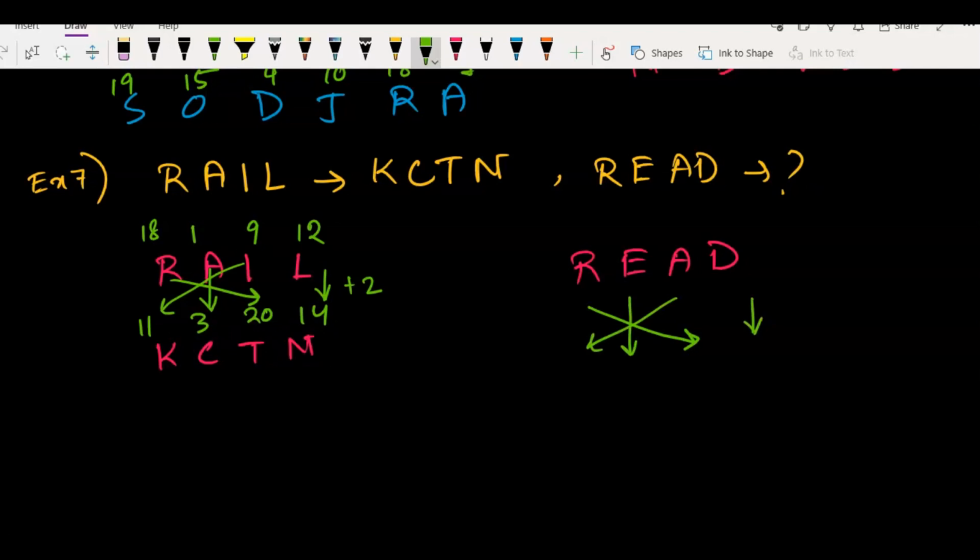So R is 18, E is 5, A is 1, and D is 4. So it will go plus 2. R will go to 20, E plus 2 means 7, and A plus 2 means 3. So it is T, G, and C, and D will go plus 2, that means 6, which is F. So this was a different type of pattern. So the answer is C, G, T, F.